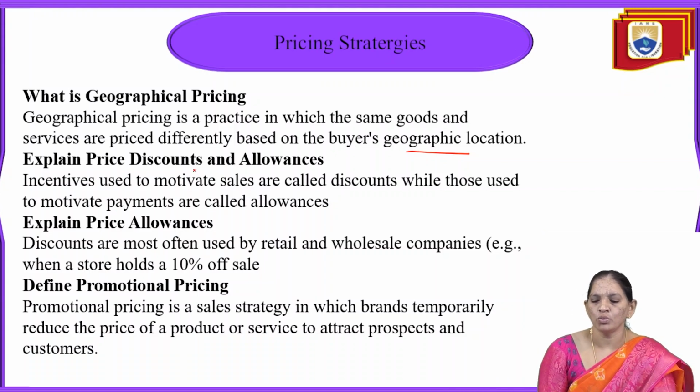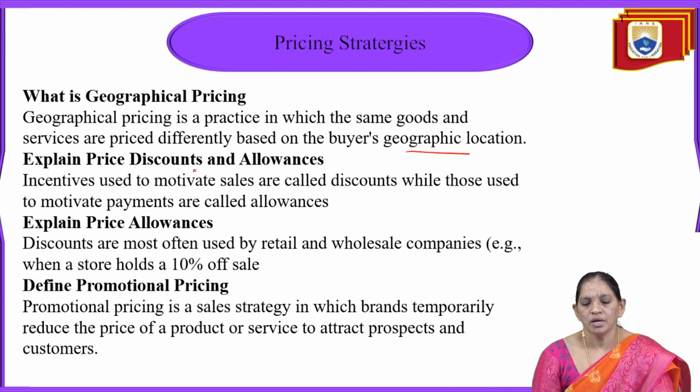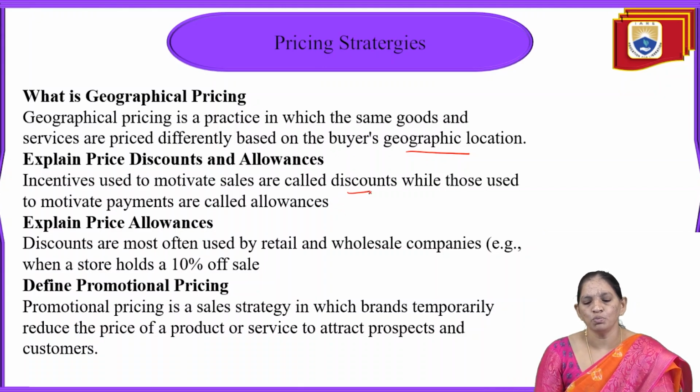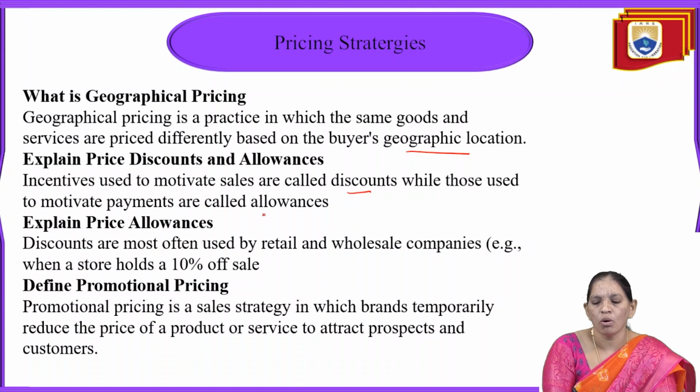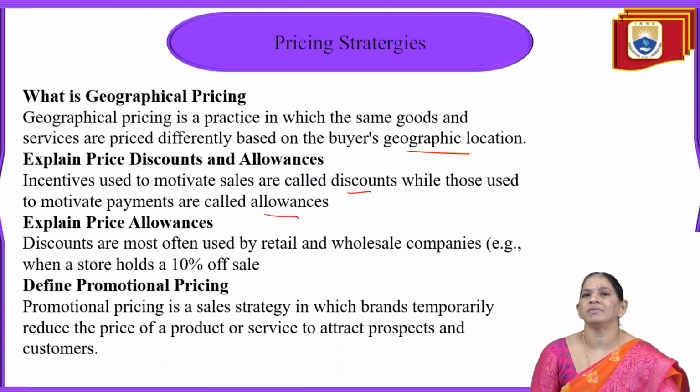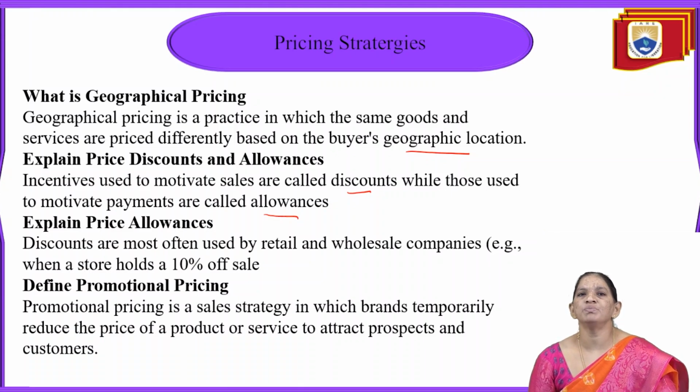Explain price discounts and allowances. The incentives used to motivate sales are called discounts, while those used to motivate payments are called allowances. A discount is an offer which makes the consumer purchase the goods, giving some offer or incentive or decreasing the price.